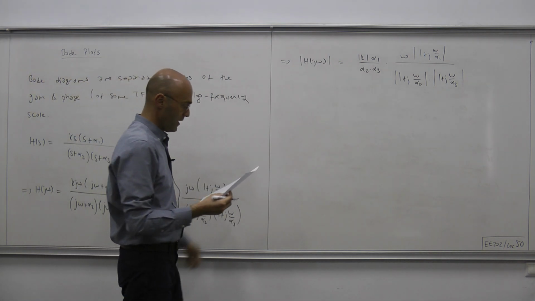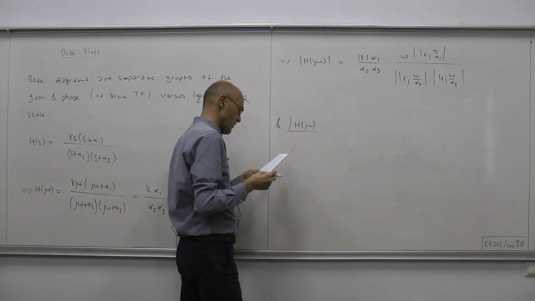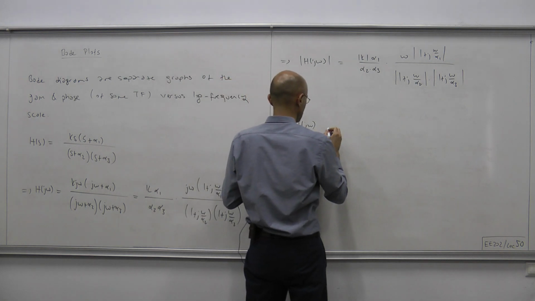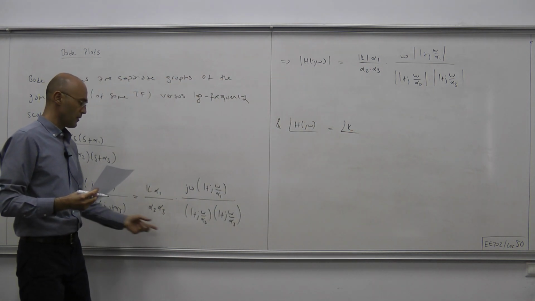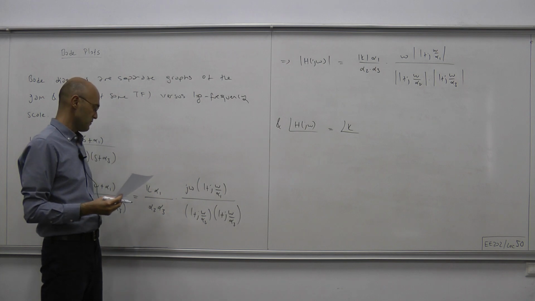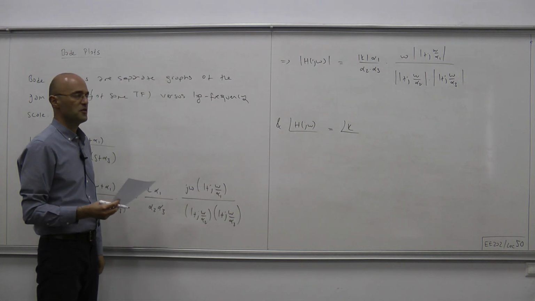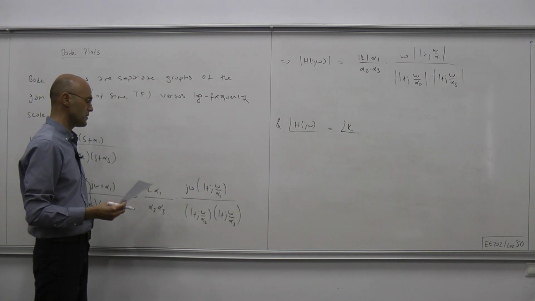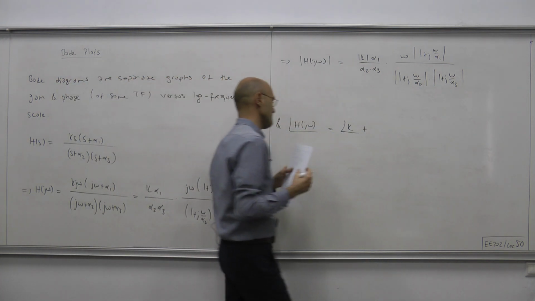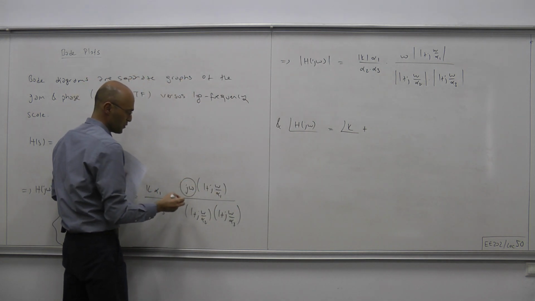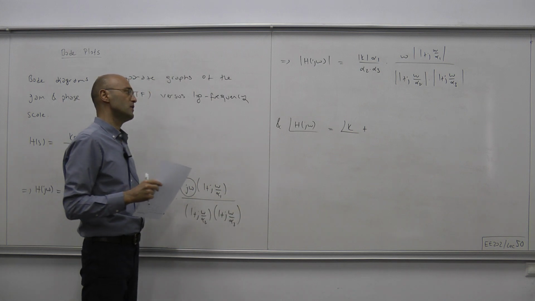As for the phase of H of j omega, that equals, okay, the phase of this term here; since the alphas are all positive, that is determined by the phase of K. If K is a positive real number, then the phase is 0. If it's negative, then the phase is 180 degrees. Okay, so the phase of K, plus the phase of this term, plus the phase of that term, and then from that we subtract the phases of the first order terms in the denominator.